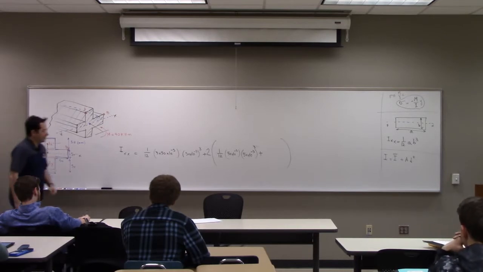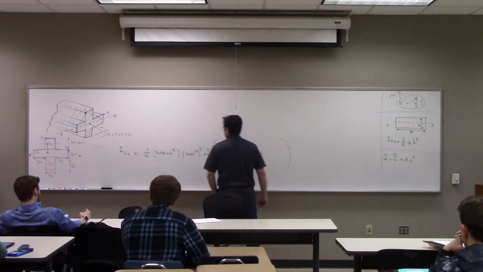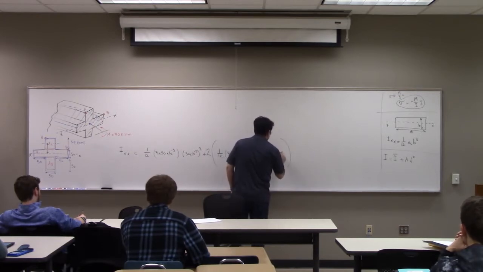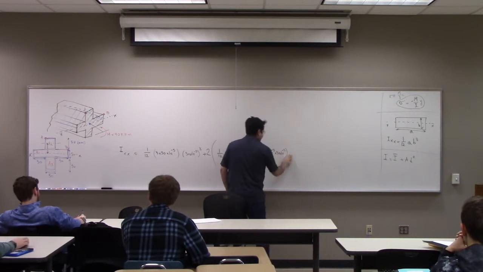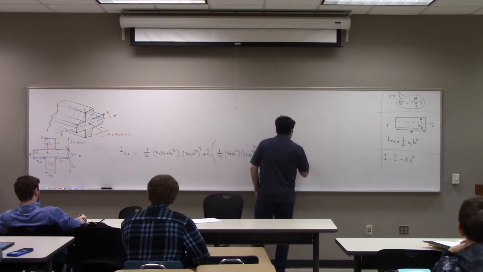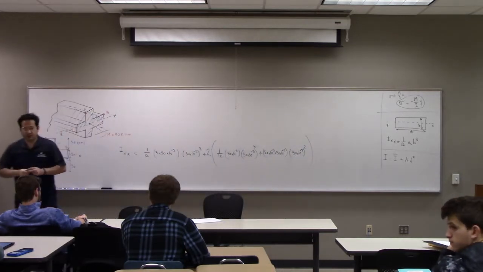So you add area, which is 50 times 50, everything is 50 here, 50 times 10 to the negative 3 times 50 times 10 to the negative 3. That's the area times the distance squared, which is 50 times 10 to the negative 3 squared. That's your total moment of inertia.